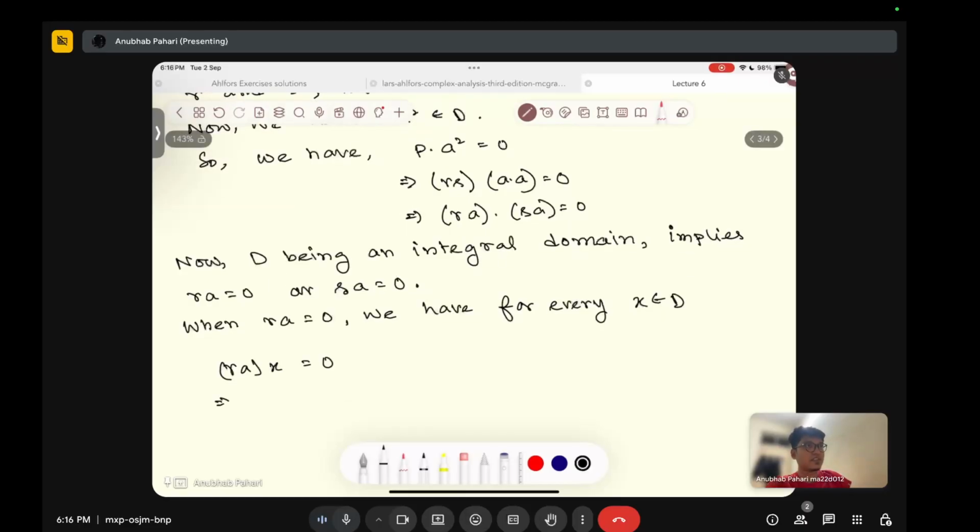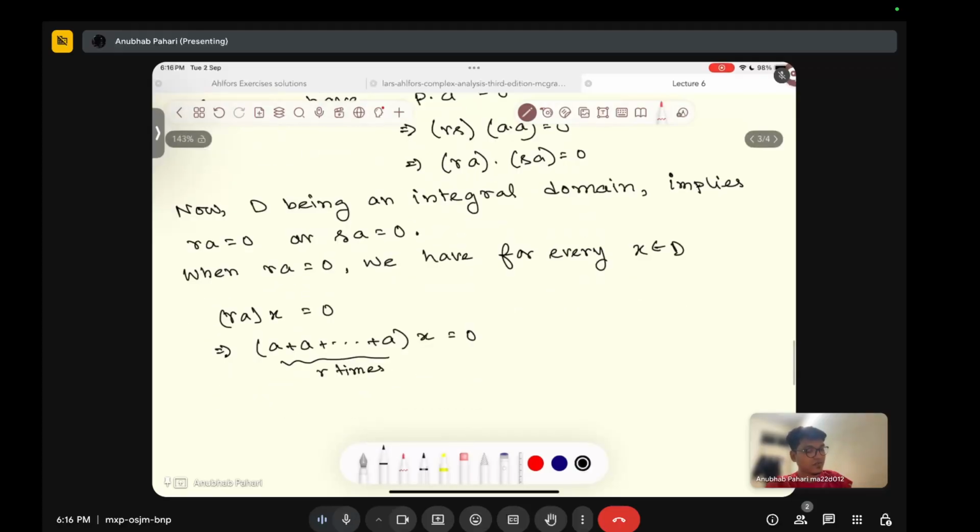So this implies that A plus dot dot A, R times X equals to 0, and this implies AX plus AX up to AX equals to 0.